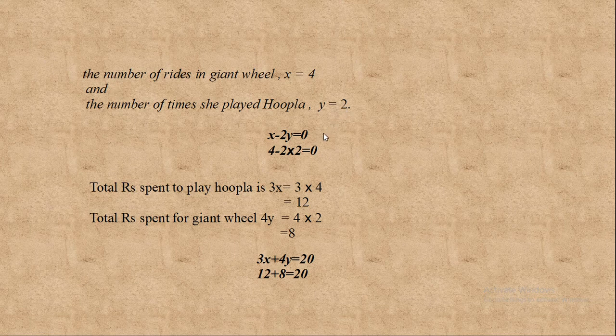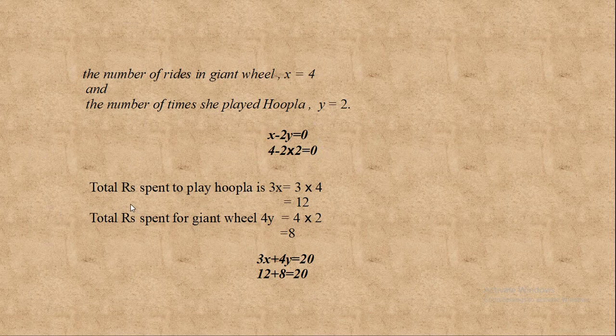And now when we substitute the values of x and y in the first equation, x minus 2y equal to 0, that is 4 minus 2 into 2, which is equal to 0. Thus this equation is solved.